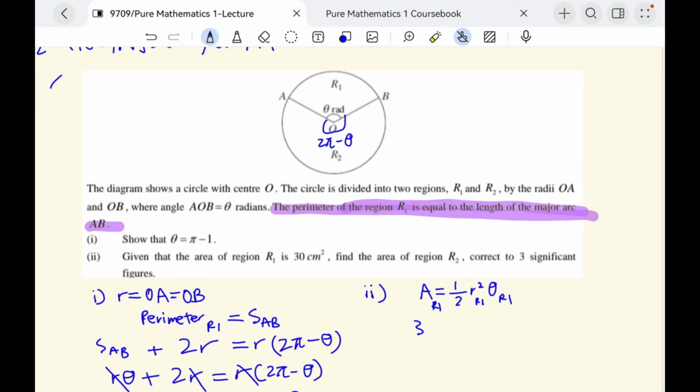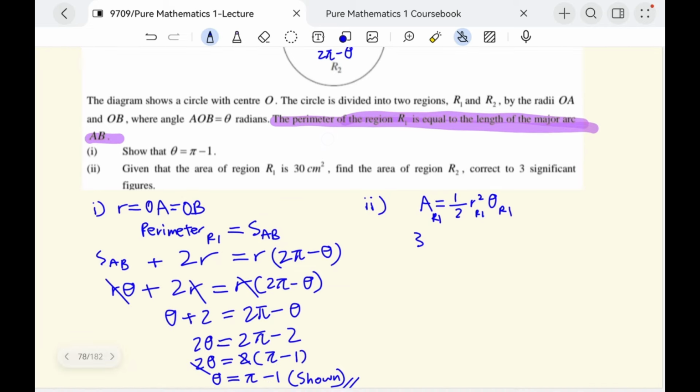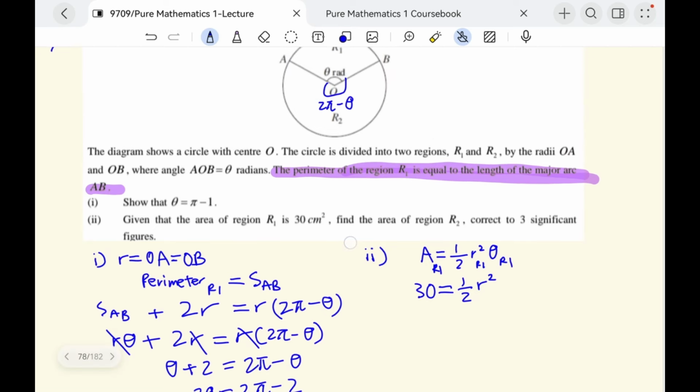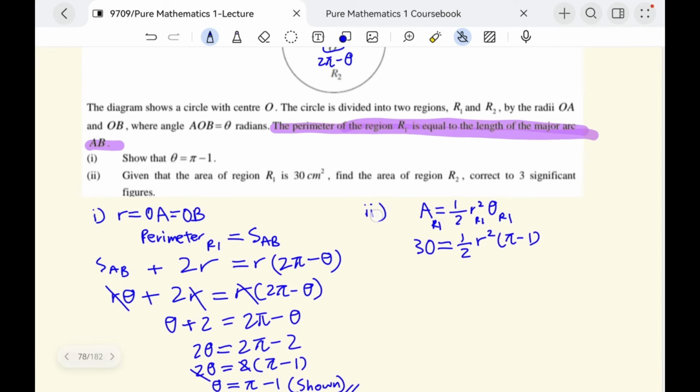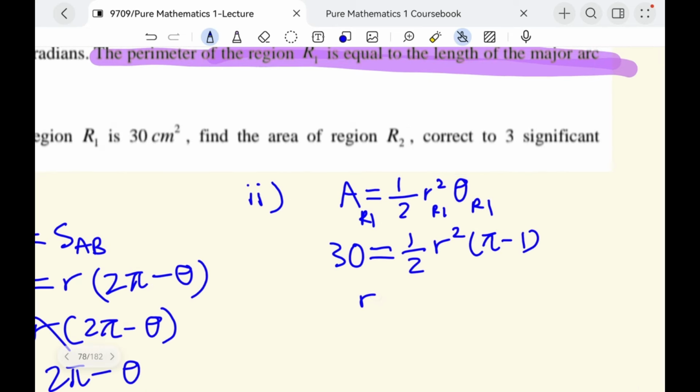Here is your 30. My R, I don't know. Theta is pi minus 1. So for the R, you will have 30 times 2 over pi minus 1 and get the surd. So your radius is in surd form.